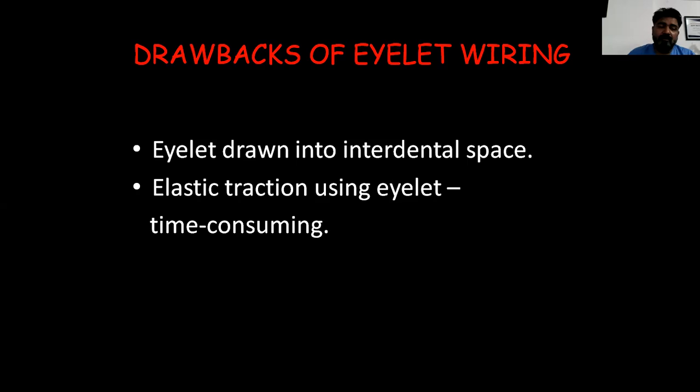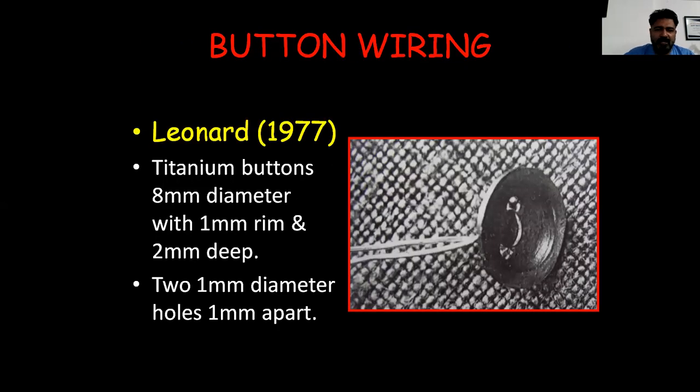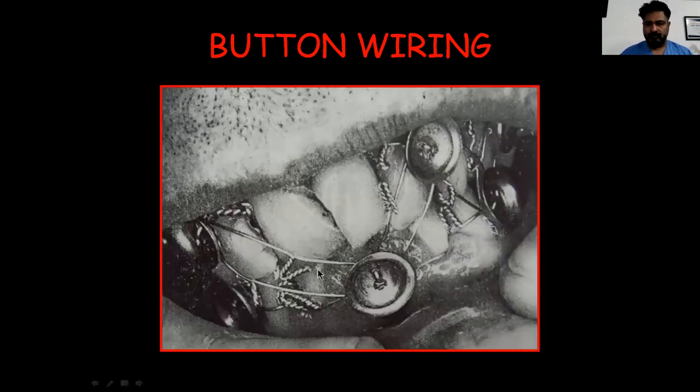Drawbacks of eyelet wiring: the eyelet is drawn into the interdental spaces, elastic traction is used, and it is a time consuming process. Then button wiring is there. A titanium button with 8 millimeter diameter, 1 millimeter rim and 2 millimeter depth, with 2 mm diameter holes 1 millimeter apart. The button will stop the wire, and the wire is pulled outside and then tied up.